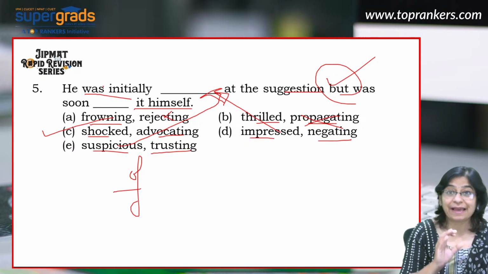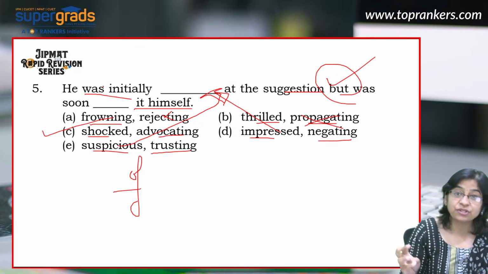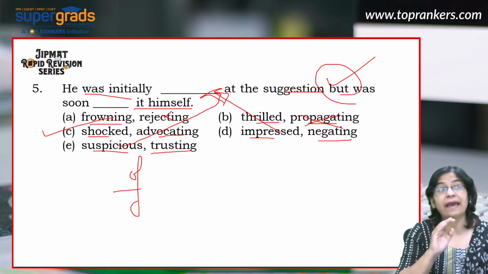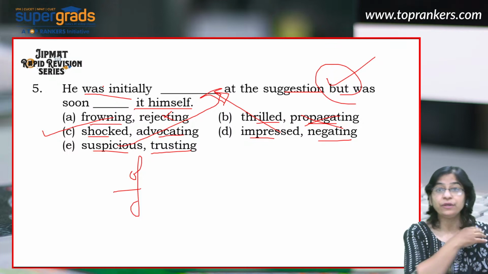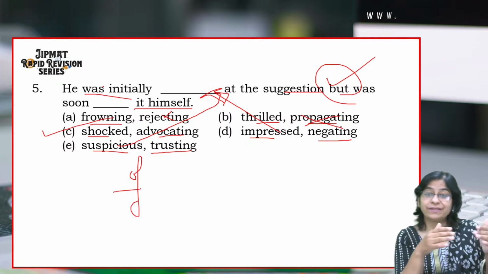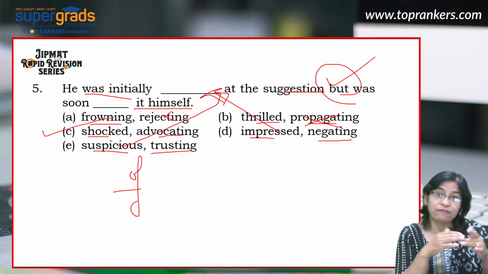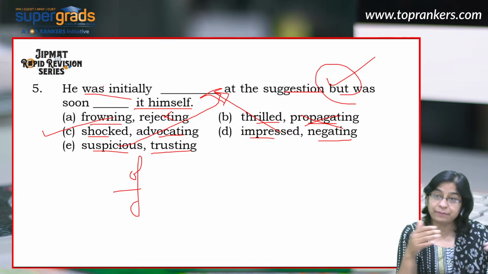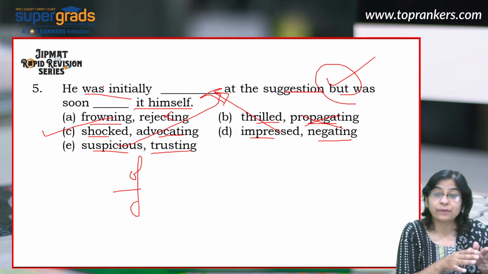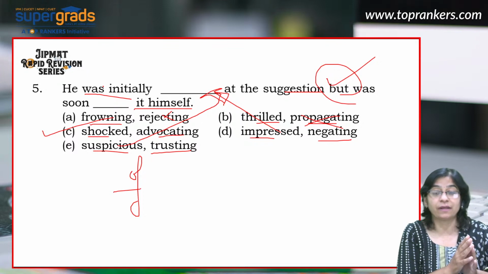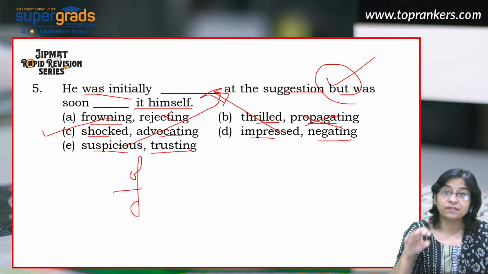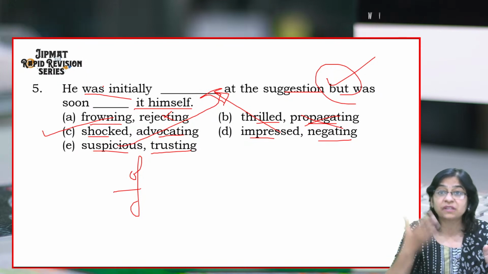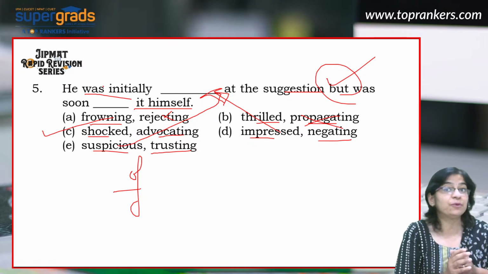I hope you understand how we try to get the answer. See, the prepositions, the connectors, and even the tenses of the sentence, they'll tell you a lot. So whenever you get a question wherein you have a blank, you have a paragraph or say a statement with blanks in it, these questions are comparatively easier to answer because the reason being, if you read the rest of the sentence, it will give you some clues that will help you identify the answer.